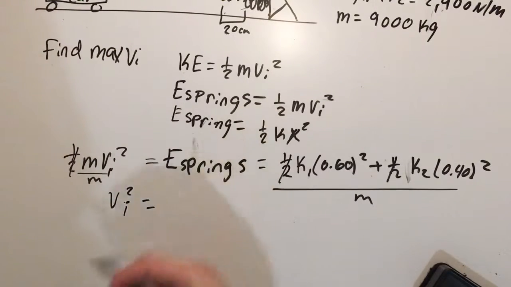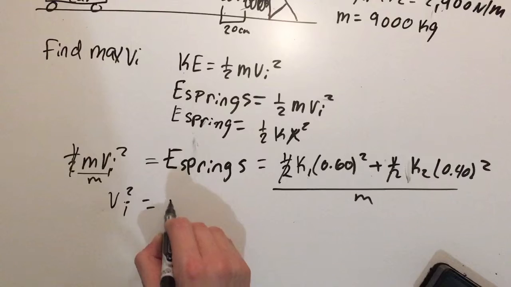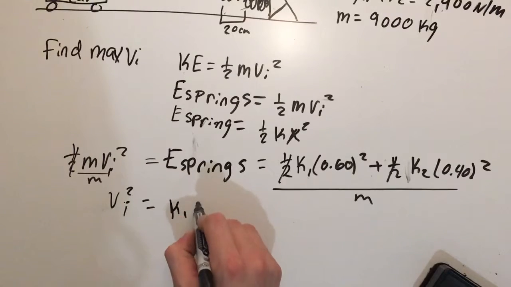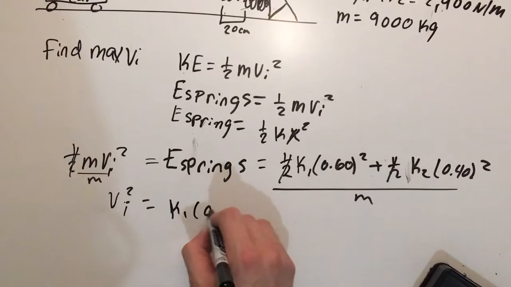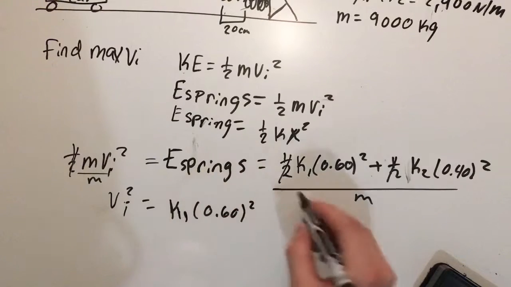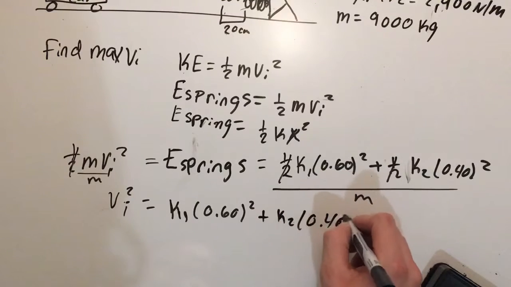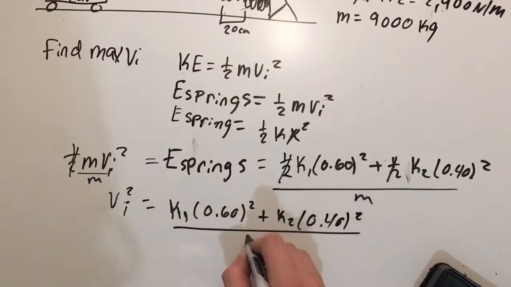I won't plug in the numbers because I assume you can do that yourself, just to save time and space. And this is going to be K1 times 60 centimeters squared, plus K2 times 40 centimeters squared, all over m.